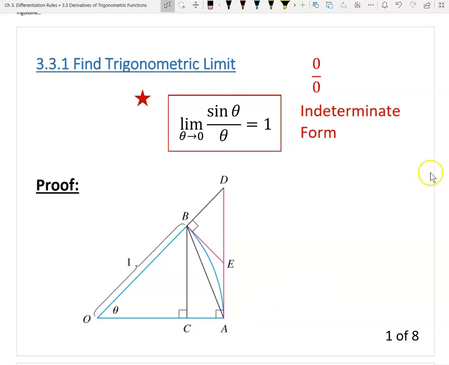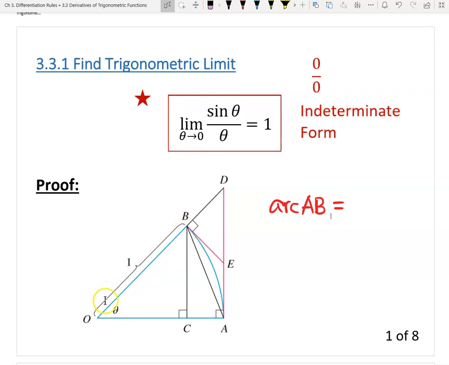So now what do we have? Let me write the results that we need. First, how about the arc length AB? The length of arc AB equals... Do you remember in trigonometry we learned that arc length is the radius times the angle theta in radians?